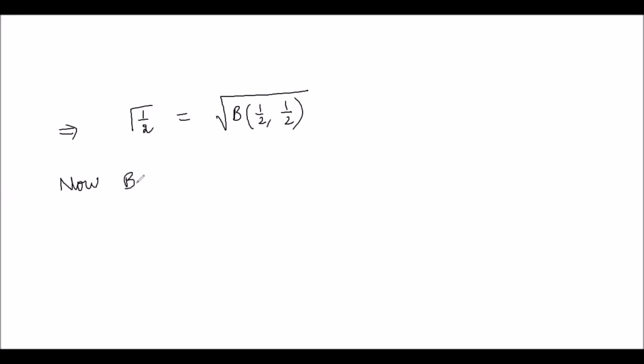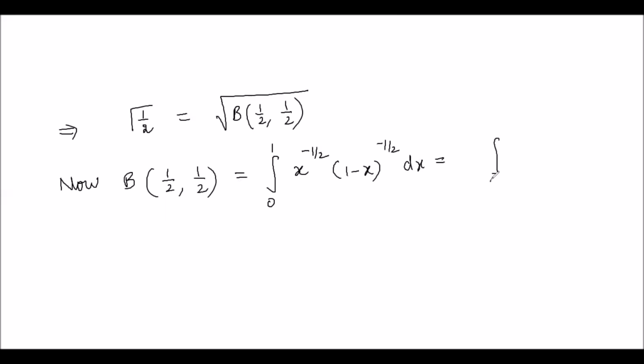Do it on your own, find this out by using the definition which we have for the beta function. It is the integral within the limit 0 to 1, x raised to power m minus 1, which is 1 by 2 minus 1, times 1 minus x raised to n minus 1, which is minus 1 by 2, dx.